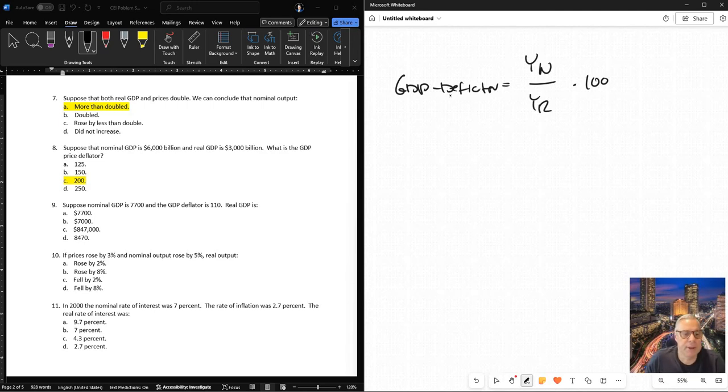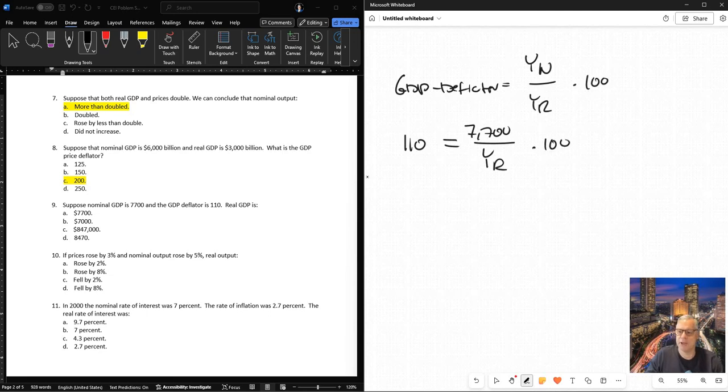Okay, so now we can plug in the values. So we know that the GDP deflator is 110, so we plug in here 110. And the nominal GDP is 7,700. And the question is, what is real GDP?